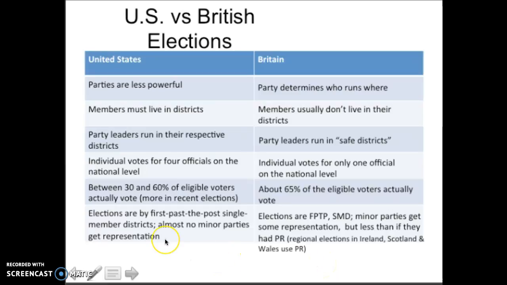But in the US, what our first past the post single member district has done is pretty much solidify the idea that no minor parties will get representation.